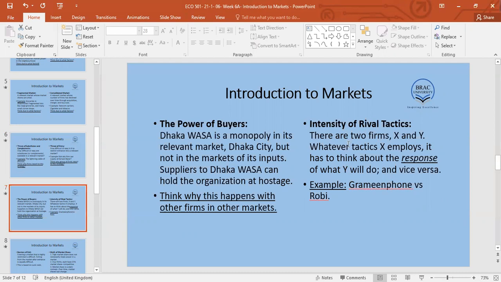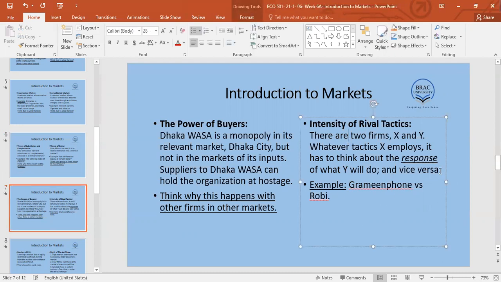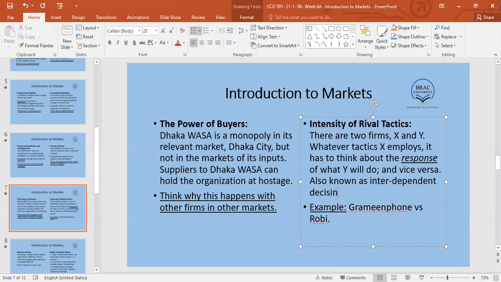Next is interdependent decision making. If there are very few firms in a relevant market, decisions cannot be taken independently. What does that mean? Whatever decision firm X makes today, it has to think about the response that firm Y will make.